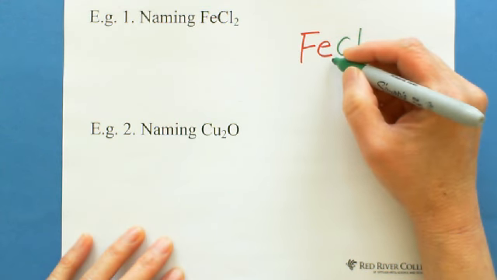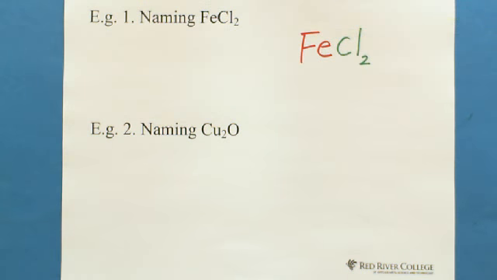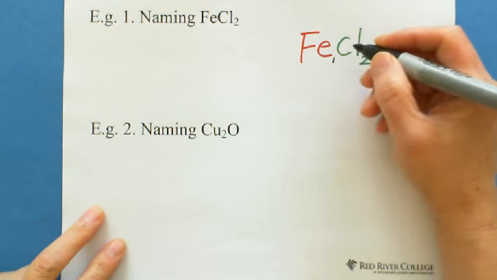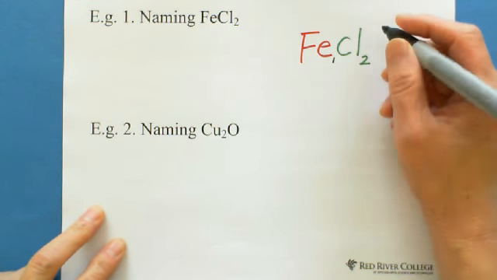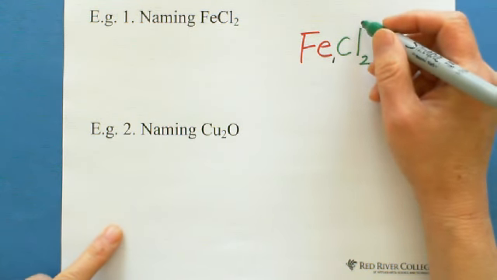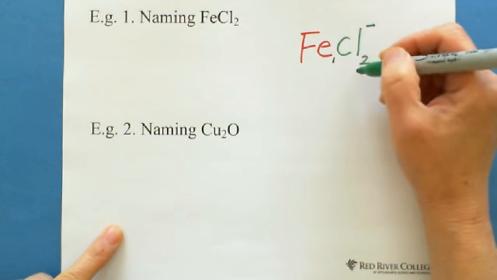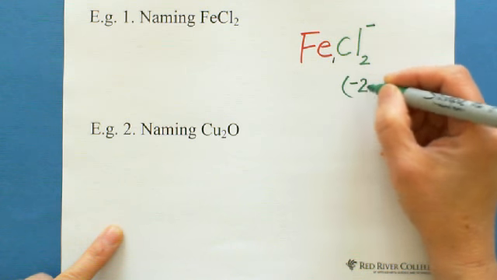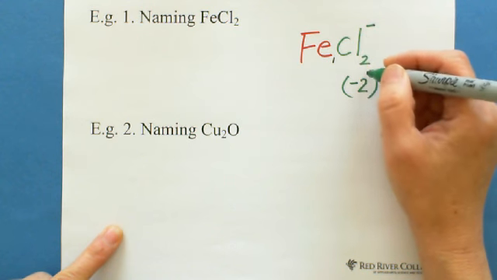Fe has no number, that means 1 ion, because we don't need to write 1. And chlorine has 2 ions. Because chlorine is -1 charge, the total charge from the negative ions is -2. 2 ions, each one is -1, so the total is -2.